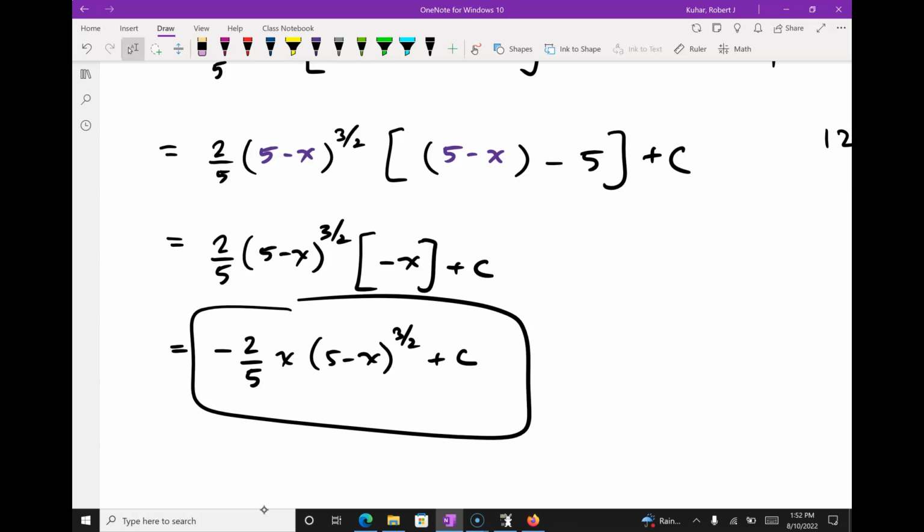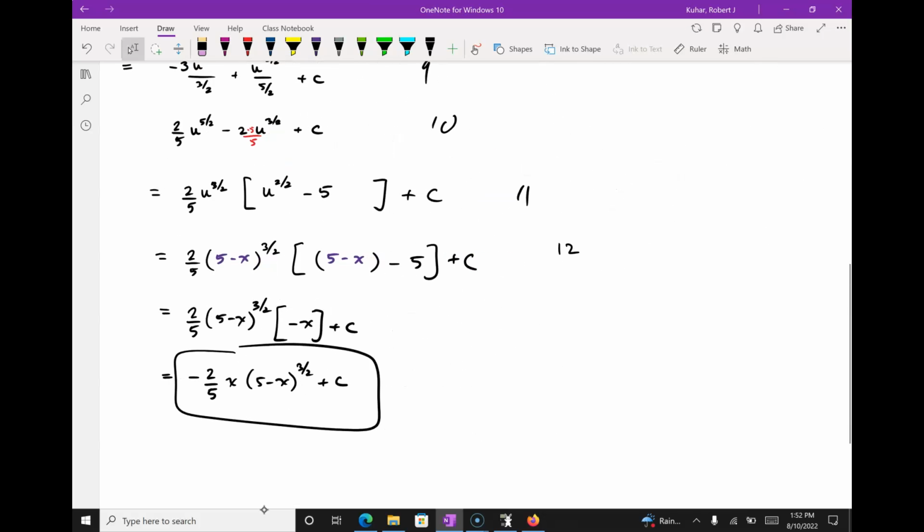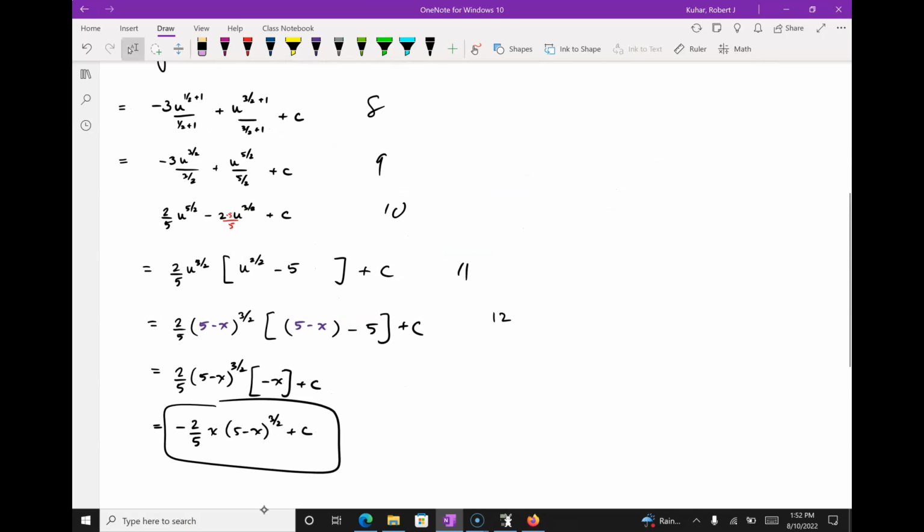What rule are we going to use to double check our answer? Can somebody answer me, please? How am I going to check my answer? What calculus can I use to check my answer?